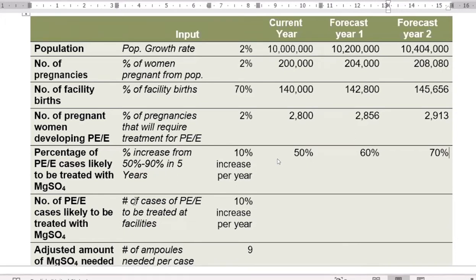Now, let's do this. What is 50% of 28? And 60% of 1,400. Okay, then the other one.